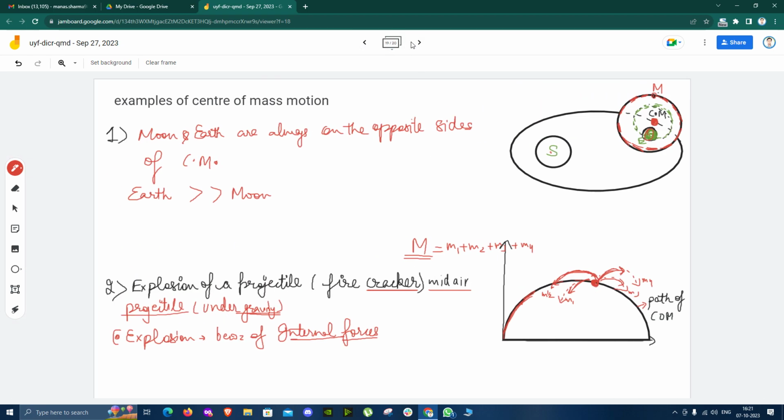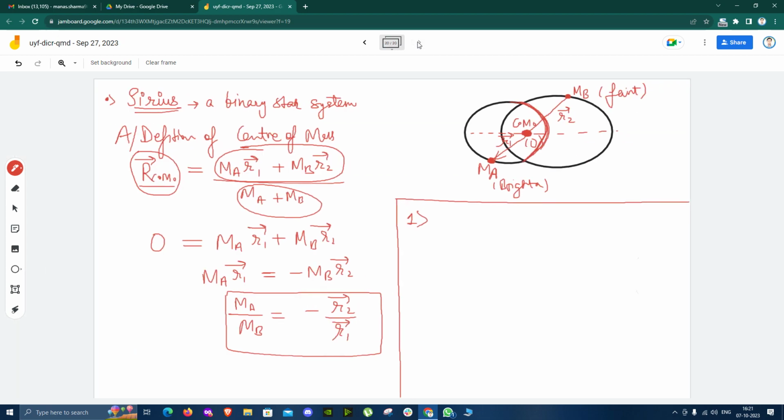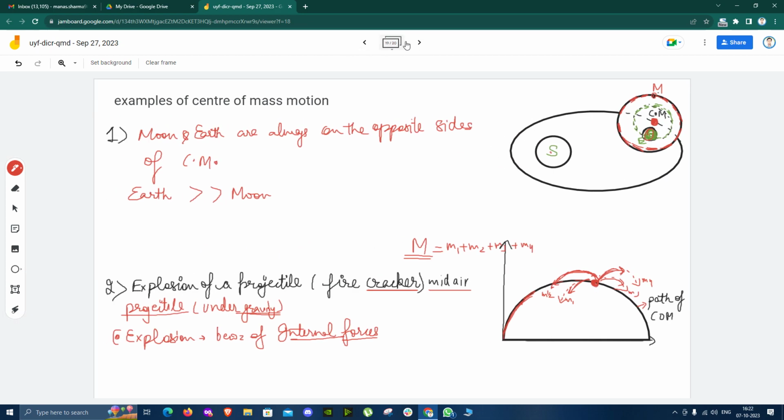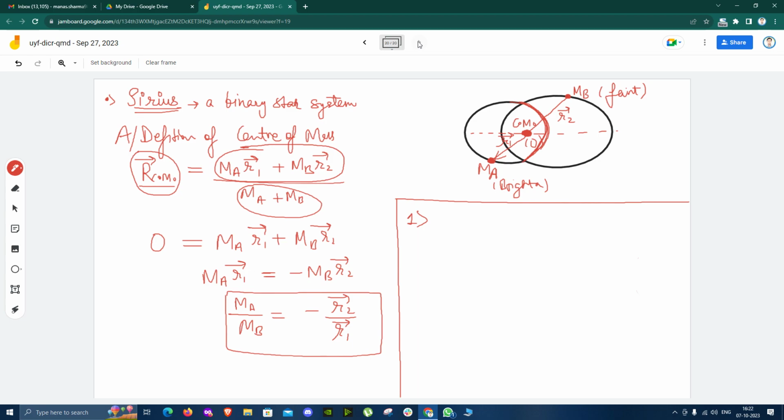Let me jump to that slide. There were two kinds of motions. The first one was translatory motion, where every particle was moving in a linear way with equal velocities. But now the position of the center of mass for rotatory motion.